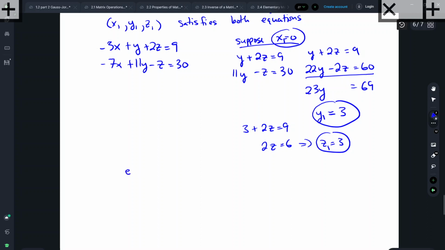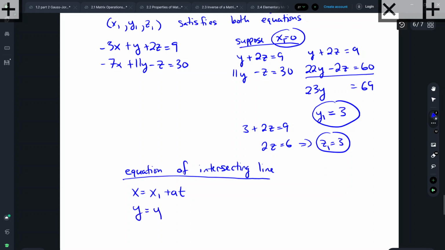So the equation of the intersecting line is going to be, so the parametric equations again: x equals x1 plus at, y equals y1 plus bt, and z equals z1 plus ct.